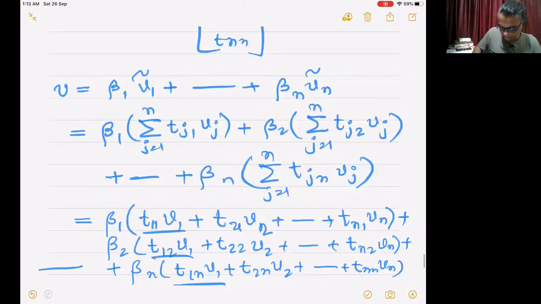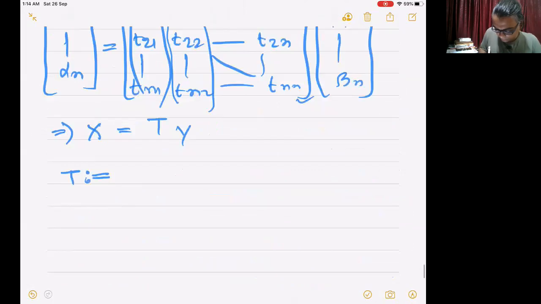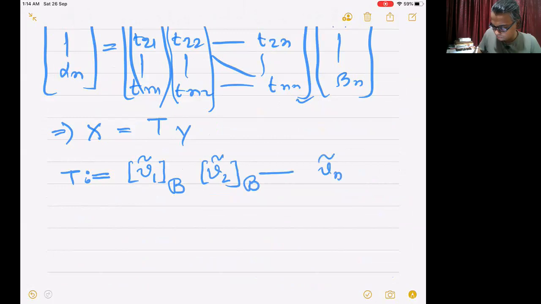So that means T is nothing but V1 tilde expressed in the old basis, V2 tilde expressed in the old basis, so on up to Vn tilde expressed in the old basis. Write this down as columns. The matrix that you get is T.